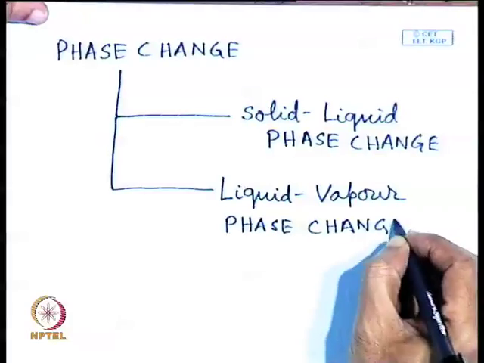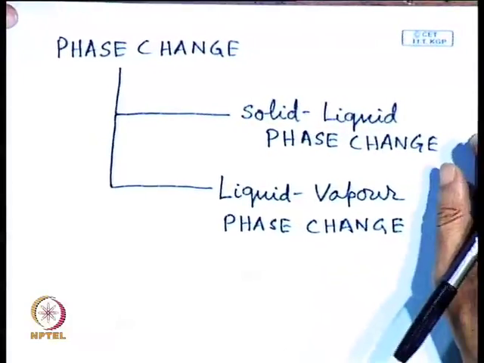It goes without saying that if we consider solid-liquid phase change, we are mainly talking about melting and solidification. In this kind of phase change, one phase is solid and the other is liquid. In many problems of this type, the motion involved in the fluid phase, the liquid phase, is not very prominent.